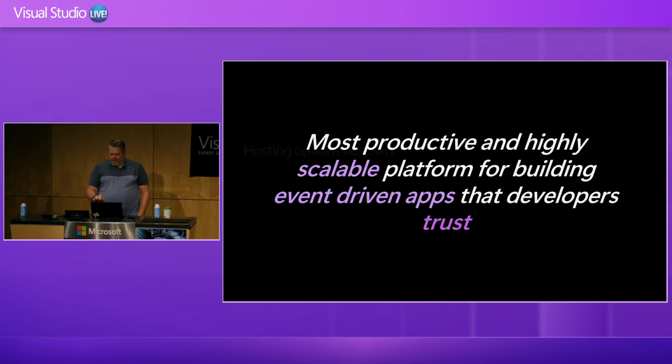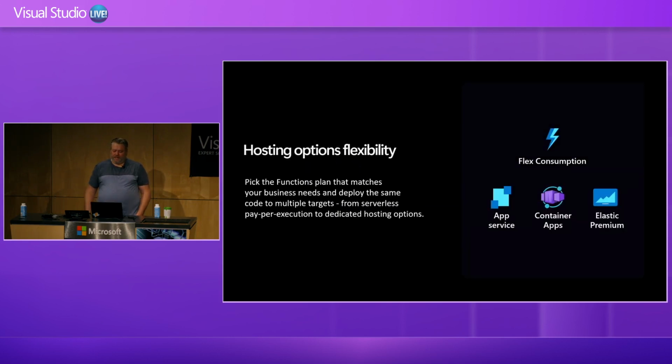So if we move on to the hosting options for Azure Functions, we have consumption plans. And more recently, last December, we introduced a consumption plan called Flex Consumption, which went GA. This plan is the true serverless plan that we have on Azure Functions together with consumption.